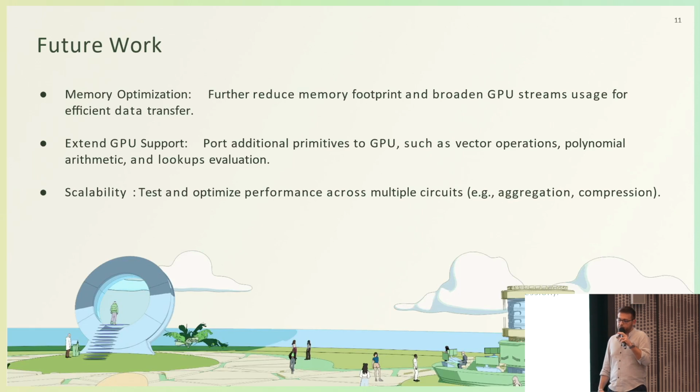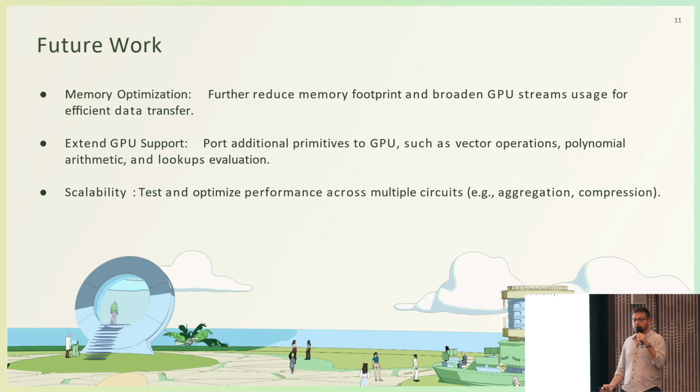As next steps, we understood that to bring more primitives in, we definitely need to tackle the problem of memory. Memory management is key. And so, for sure, we want to reduce as much as possible the memory footprint of each of these primitives, and also broaden the usage of GPU streams. This is also to cut time, so to overlap computation time and data transfer at the same time.